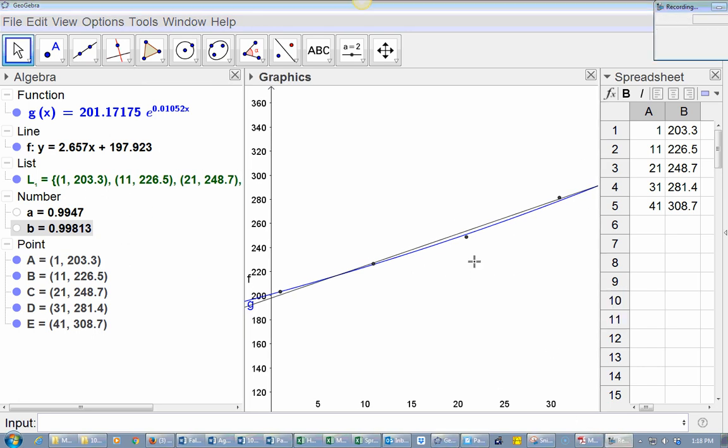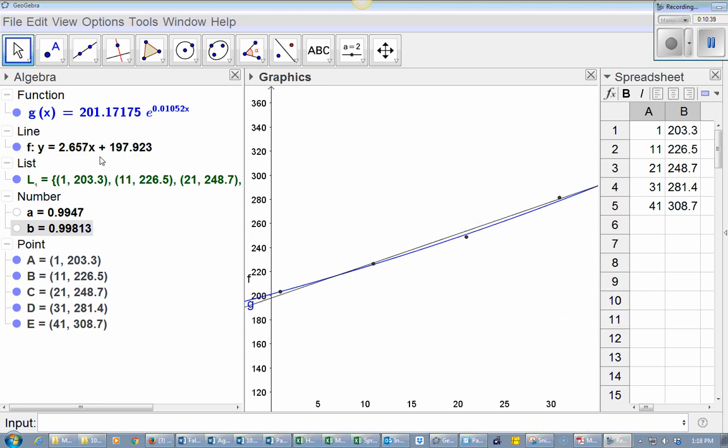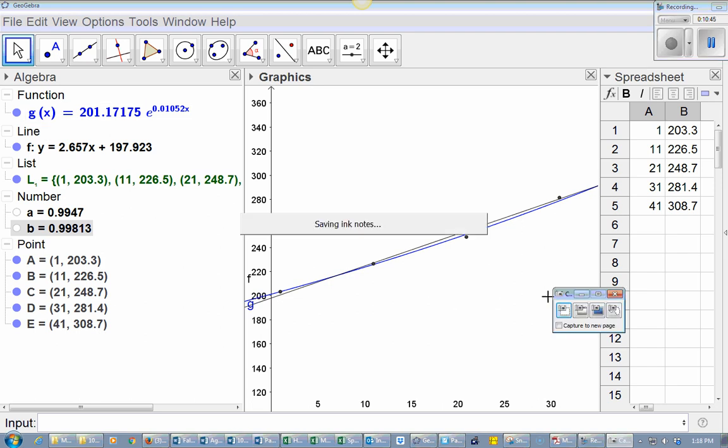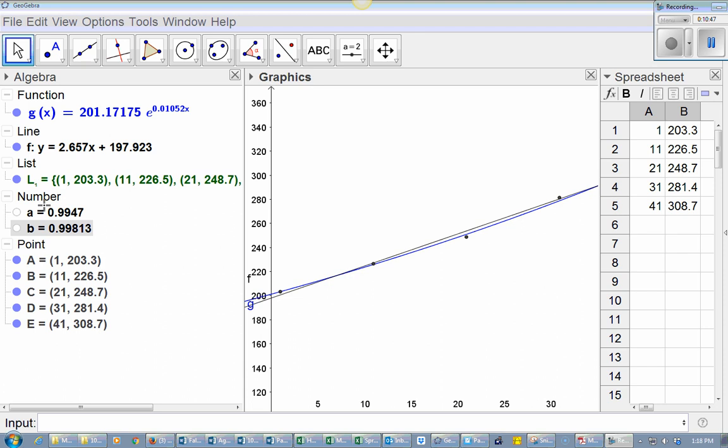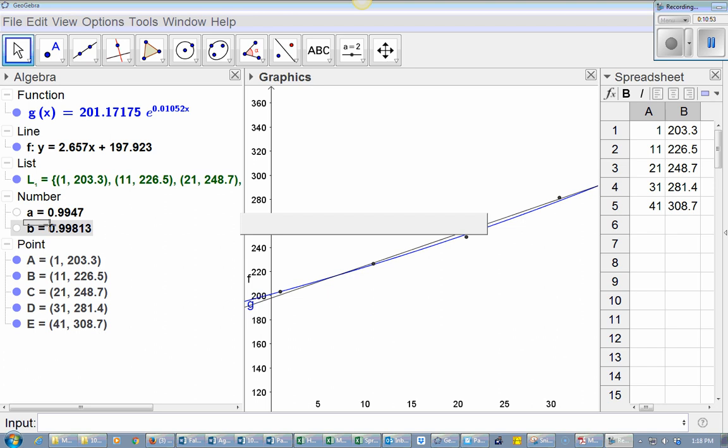I'm just going to take pictures of these. So here's my line. And my exponential. R squared for the line. And R squared for the exponential.